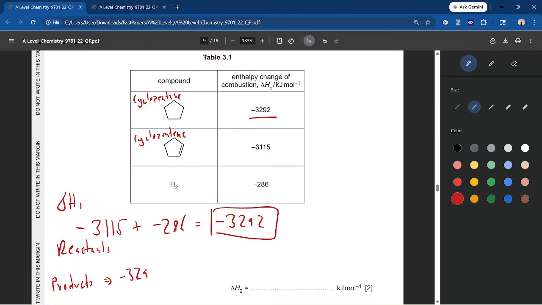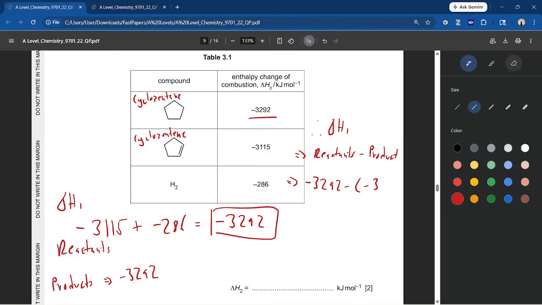So del H1 is equal to reactants minus products. So this is how much energy it's going to absorb. So let's take a look. Oh, sorry.